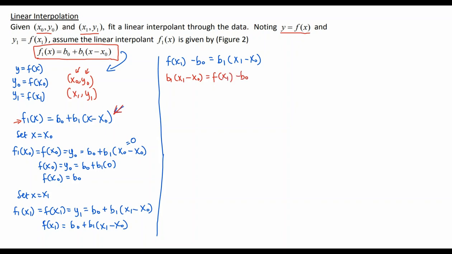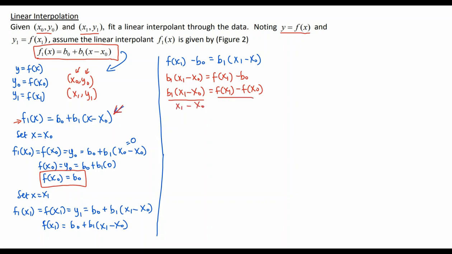But at this point we know what b naught is. We know b naught to be the same as f of x naught, so we can do the substitution back. So we're going to have b1 bracket open x1 minus x naught, and then this will be equal to f of x1 minus f of x naught. At this point we want to make b1 the subject, so you can divide both sides by x1 minus x naught.